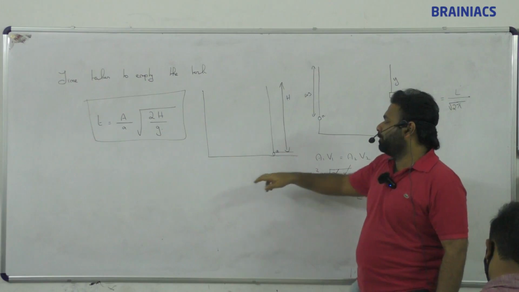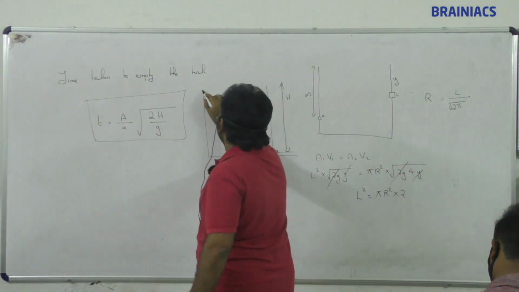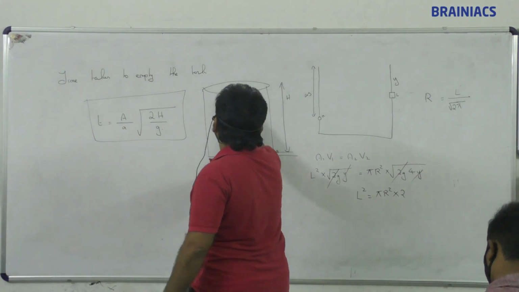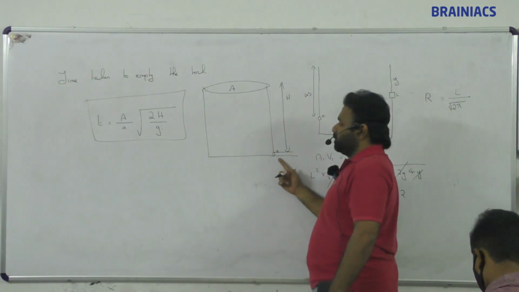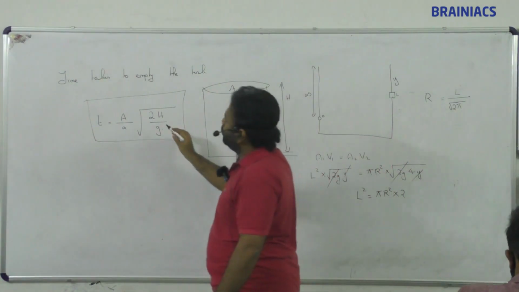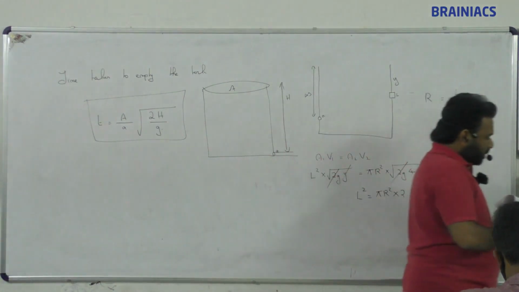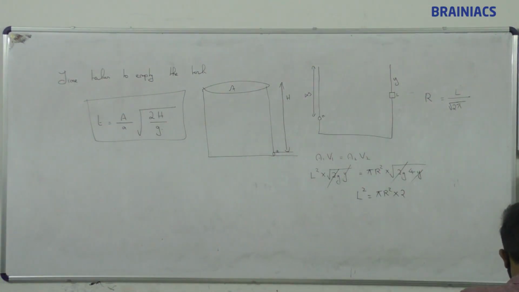Okay, so the formula is A by a, so A is this area, and small a is the area of the orifice, and this is root of 2h by g. H is the total height. So mark this also, so that if you get any question, you will be able to answer this.